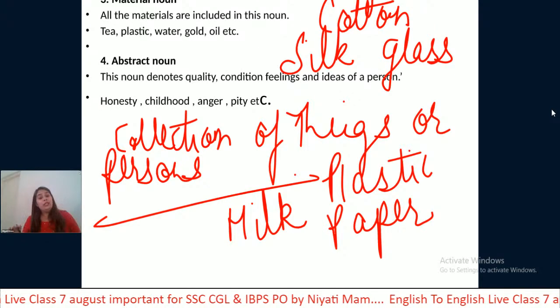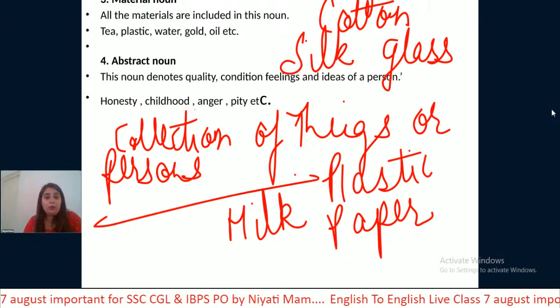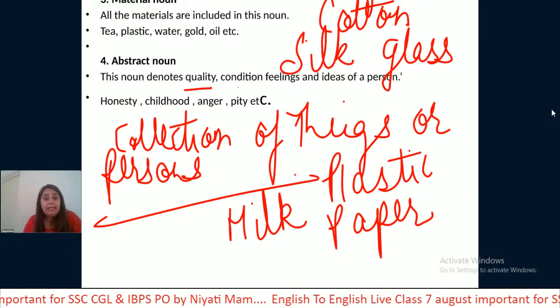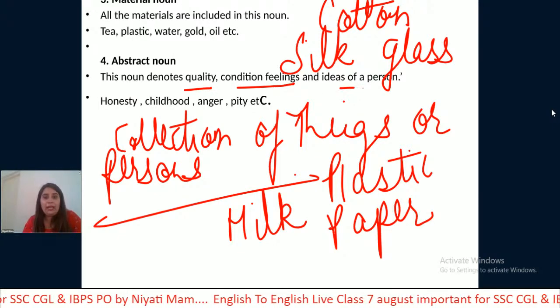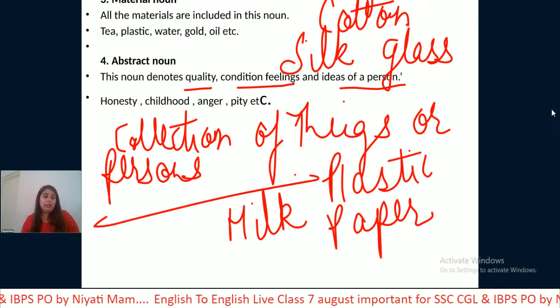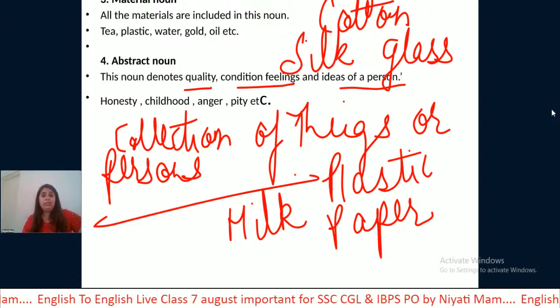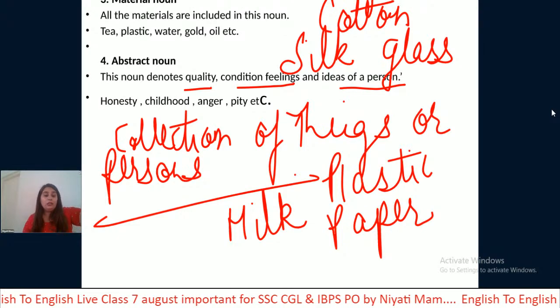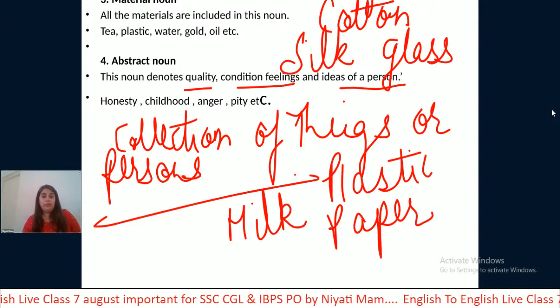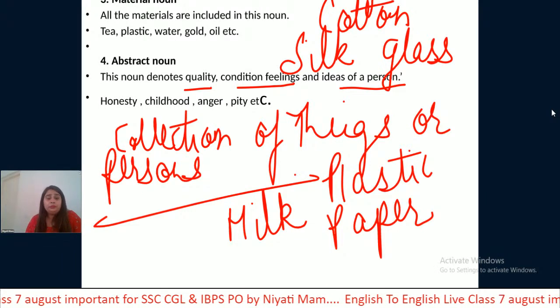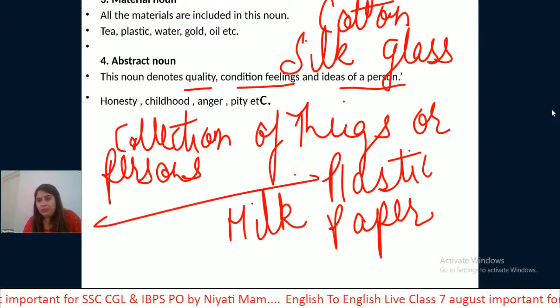Now the last one is abstract noun. This noun denotes quality, condition, feelings and ideas of a person. Or you can write it in a different manner as well.